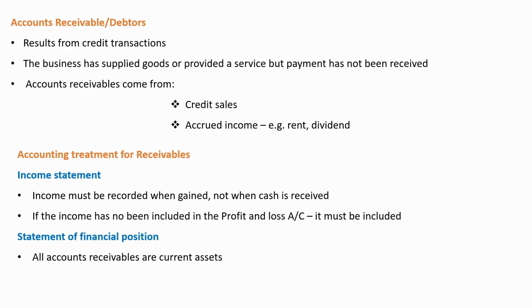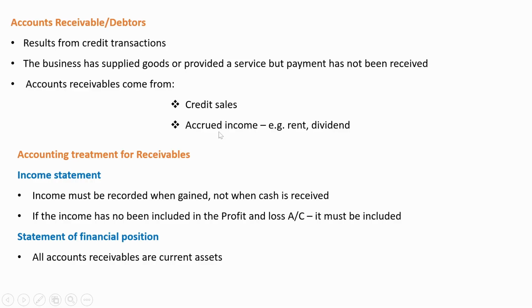It is income they were supposed to have received, but they have not yet received it. Or it can be dividend. The year has ended. The business is supposed to receive dividend from its investment, but the dividend has not yet been received. So that also will be called accrued income.